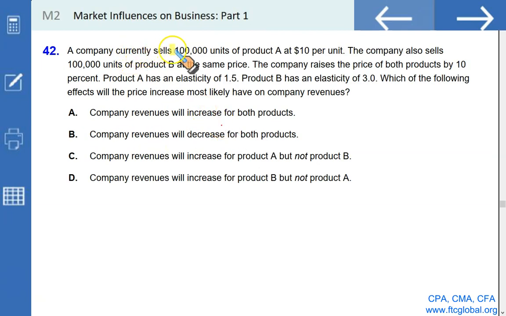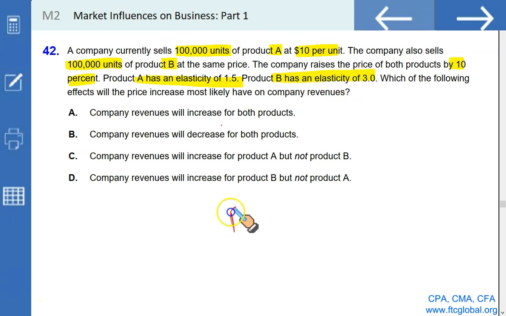A company currently sells 100 units of product A at $10 per unit. The company also sells 100,000 units of product B at the same price. The company raises the price of both products by 10%. Is it a wise move or not? Let's see and decide upon the elasticity. Product A has a price elasticity of 1.5 and product B has a price elasticity of 3.